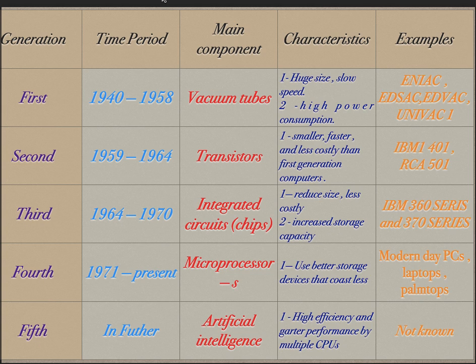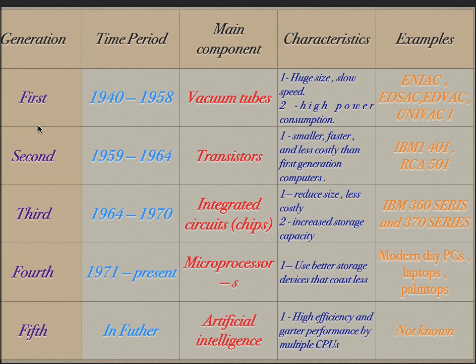Here is the table which I have prepared. We have generation, time period, main component, characteristics, and examples.